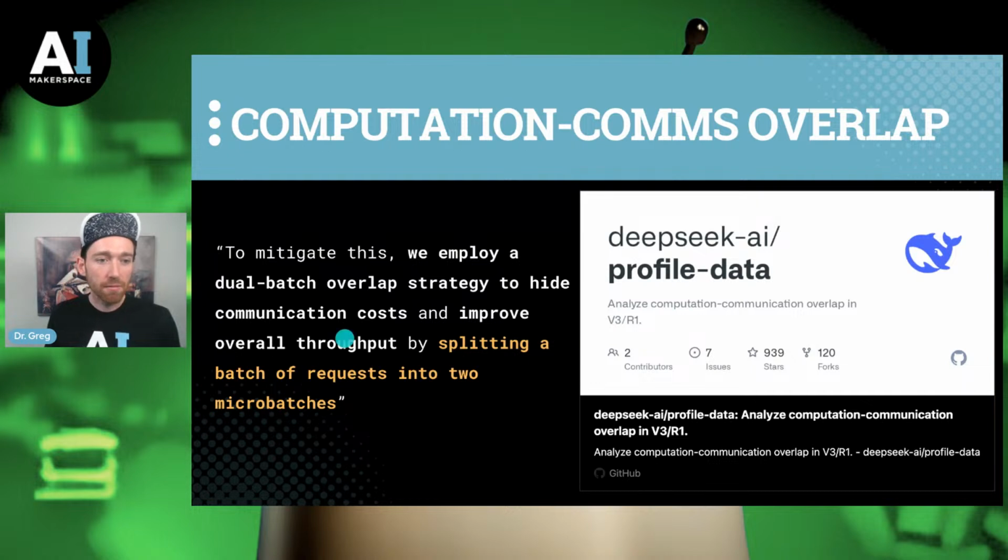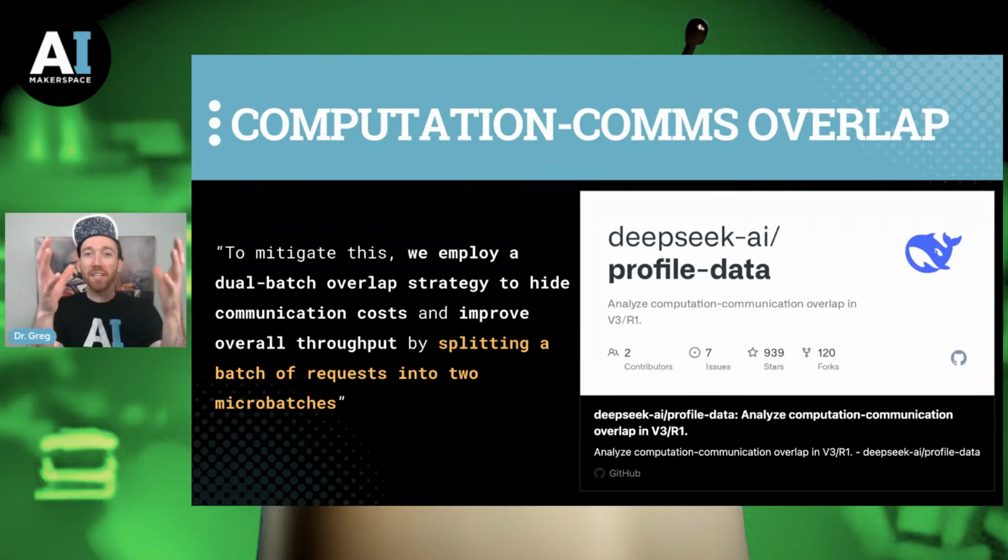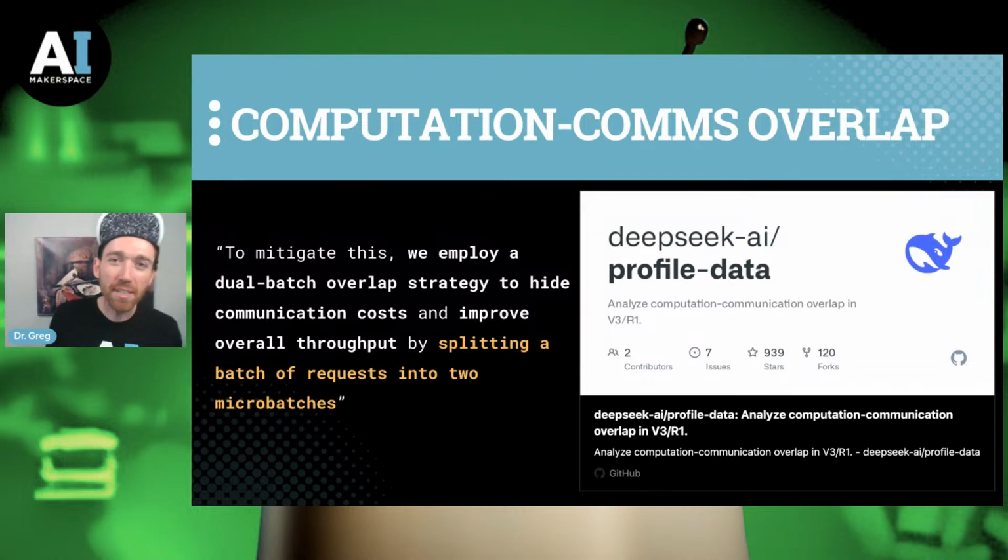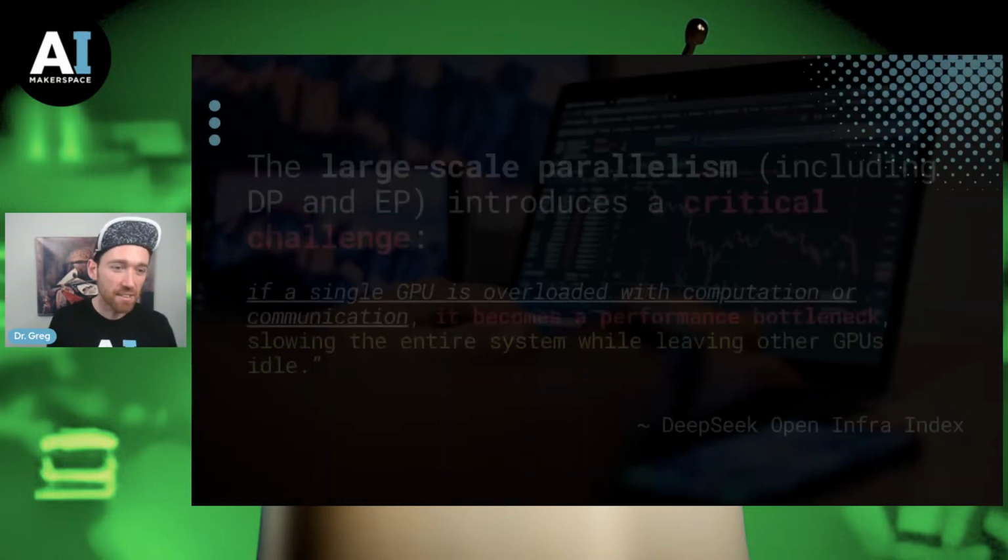So this idea of employing a dual batch overlap strategy to hide communication costs and improve overall throughput is something that they're doing by actually splitting a batch of requests into 2 micro batches. So you batch everything together, then you split it up again. It's like we're doing this kind of dance here.